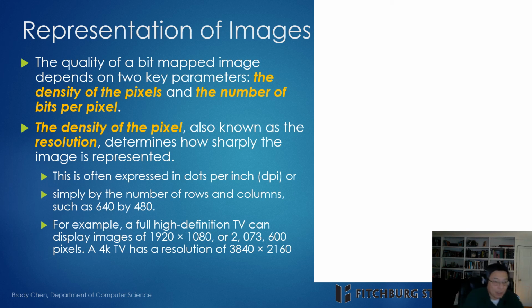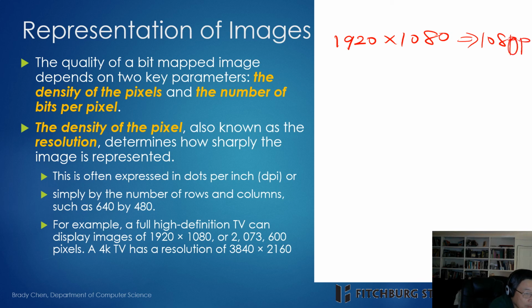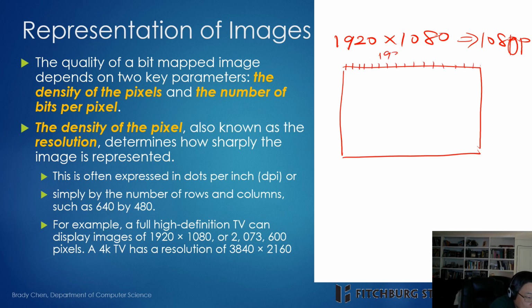This is mostly done in computer monitors and TVs. For example, a full high definition TV can display an image of 1920 by 1080, and sometimes we call it 1080p. That means the TV screen can display 1920 columns and 1080 rows.